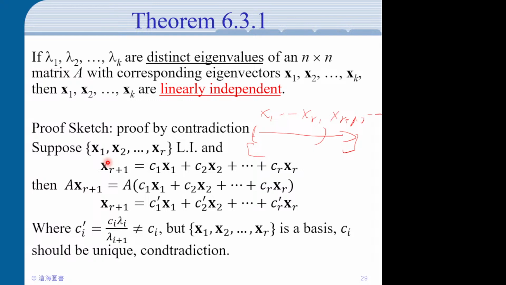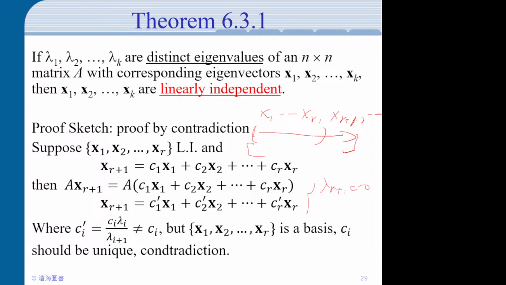Okay, so here there are only actually two things, and so it's only a sketch here. There are two possibilities. There is another case of lambda r plus 1 equal to 0.